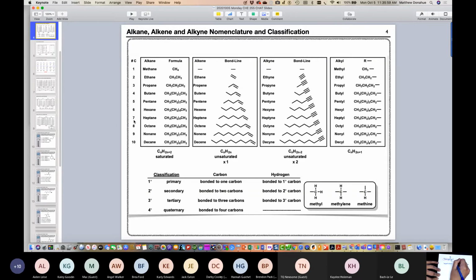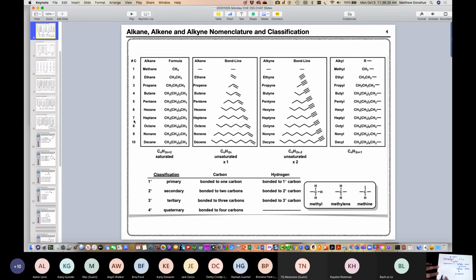So now the substituents we've seen before. This is a methyl. This is a bromo. We have B and M. So in terms of alphabetical order, B comes before M. So we have 3-bromo-2-methyl-3-heptene.